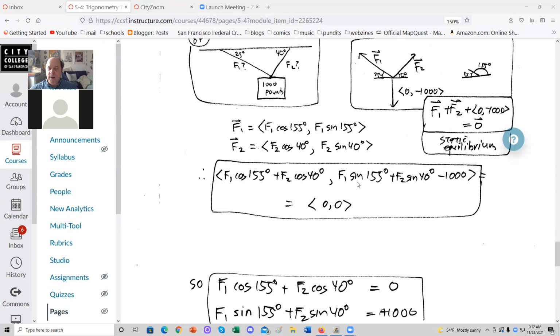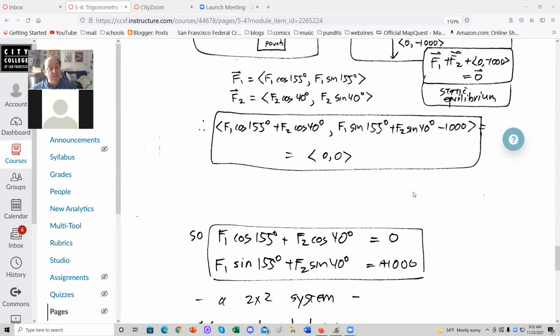We add these: F1 cos 155 plus F2 cos 40 plus 0 for the x coordinate. For the y coordinate, F1 sine 155 plus F2 sine 40 plus negative 1,000, and that equals 0. So this by this equals 0 by 0.